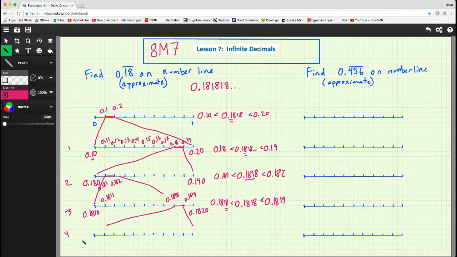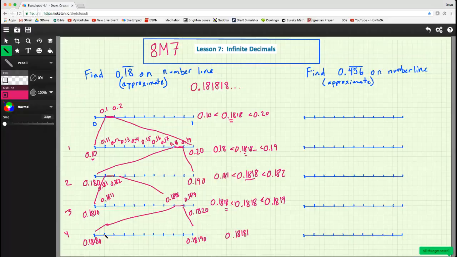Okay, so this down here has got to be 0.1818, and over here it's 0.1819. And our number again, now we need one more digit, 0.18181.